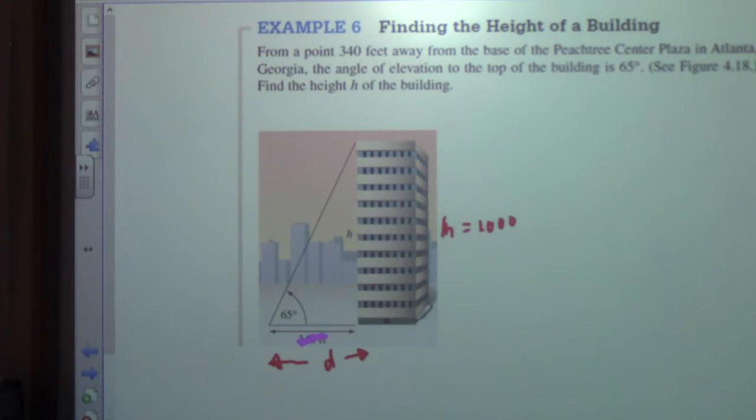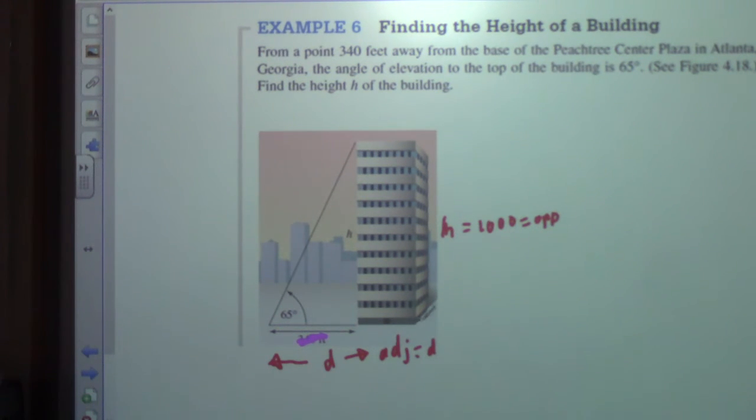How would we find this? Well, we know that we have 65 degrees, and this is our opposite side, and this will be our adjacent side, which we don't know.